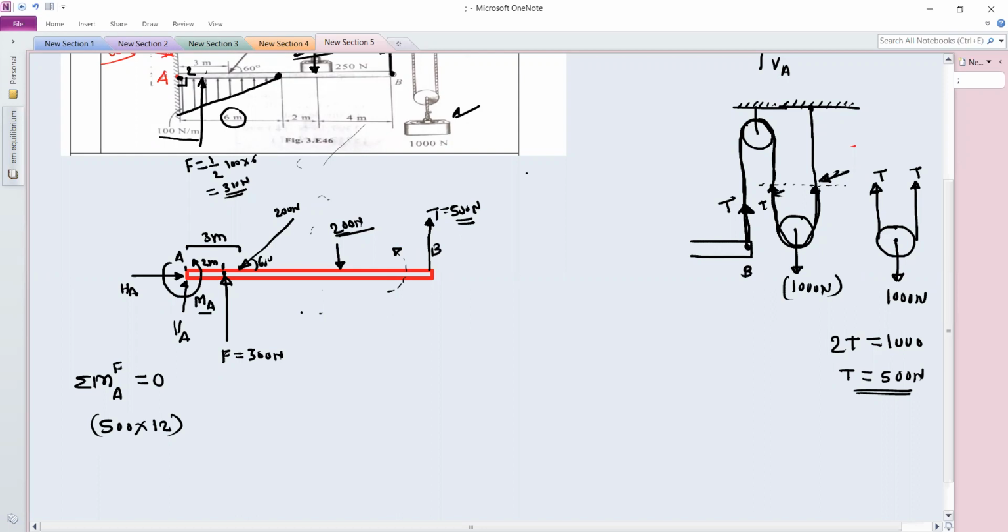Then moment by this 200, distance 8, and this moment will be clockwise, so it is negative. Then we have to resolve this 200 Newton because it is inclined at 60 degree.